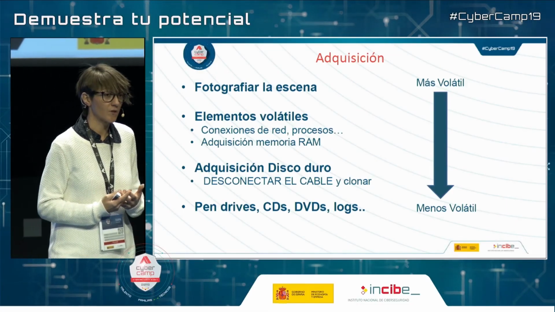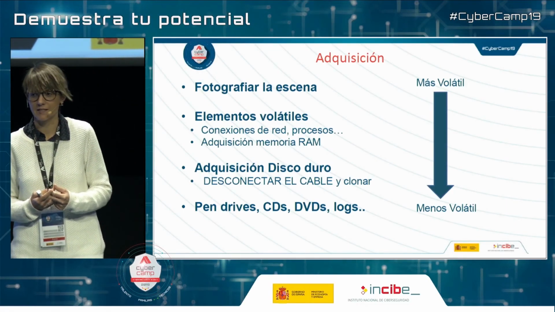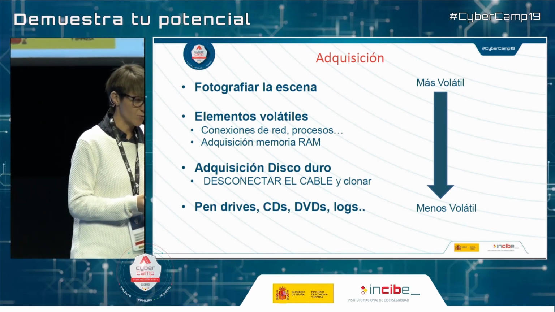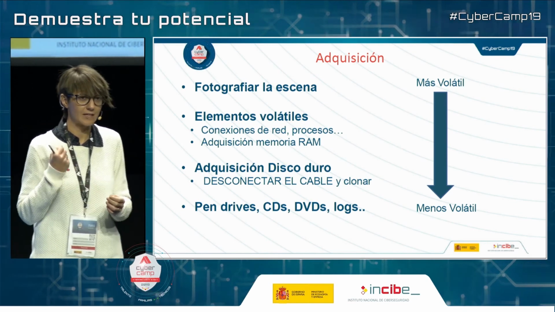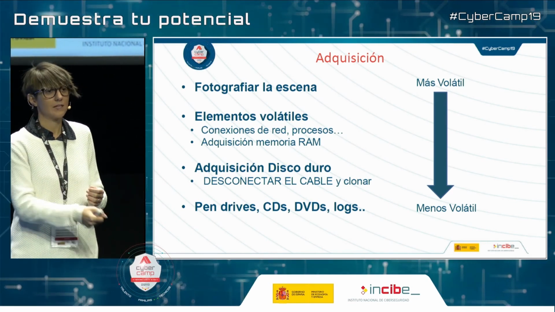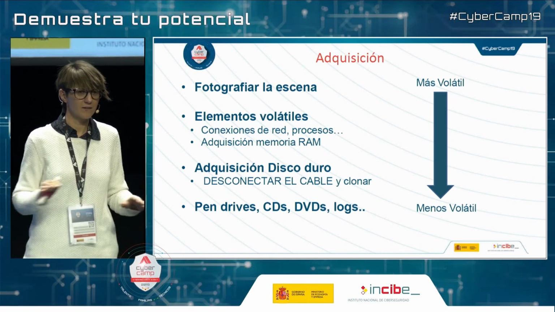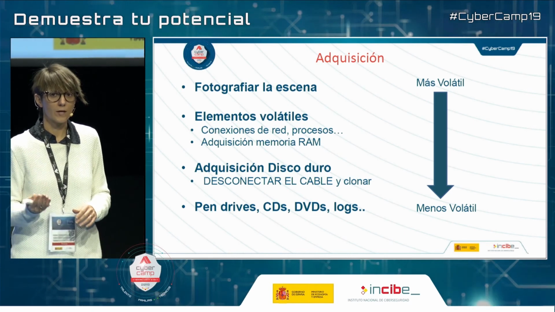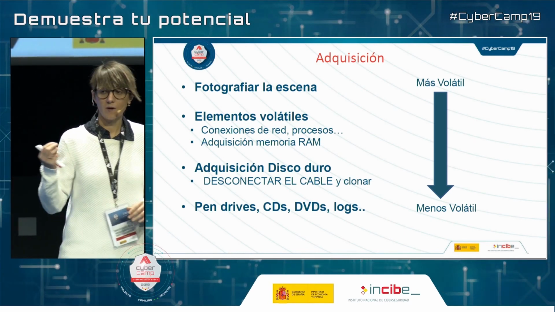So once we have all the volatile elements, we go to the non-volatile elements, which is the drive. And here what is recommended to do, although many people don't really like this procedure, is to unplug the cable, just pull the cable, turn the computer off, and then clone the drive. And why is this so?